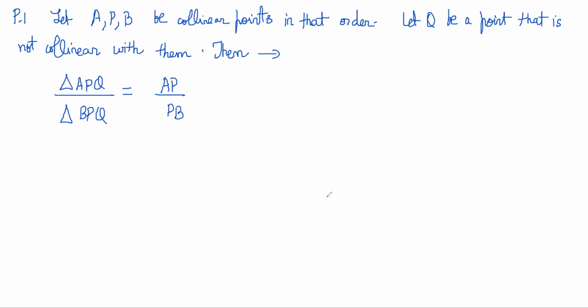Because the heights are the same, we can drop a perpendicular. So A, P, B, you have 3 points which are collinear, right? And Q is a point which is not collinear, right? So area of triangle APQ and BPQ have a common height, no?